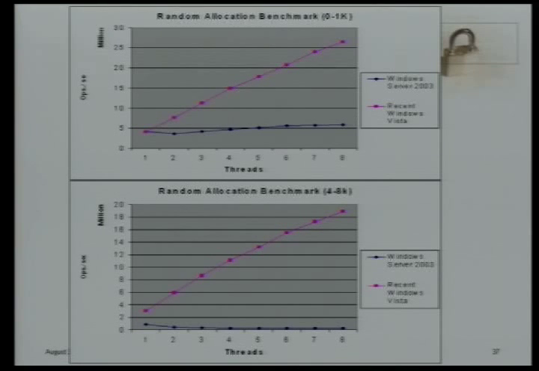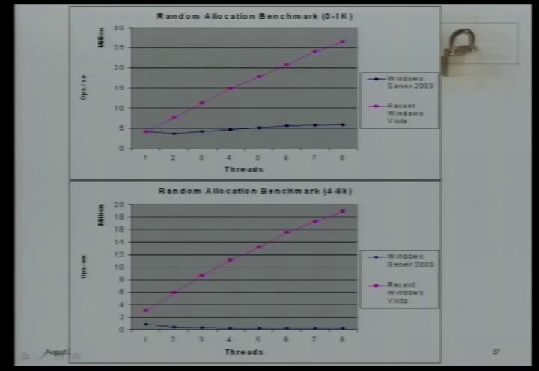The blue line is for Windows Server 2003, and the red line is Windows Vista. This was running on an 8-processor, 64-bit machine, 4 real processors, dual core. And you can see in this range from 0 to 1K, the lookaside lists were used before, and the performance was affected by the processors thrashing the cache line from one to each other. And you can see a kind of steady performance.